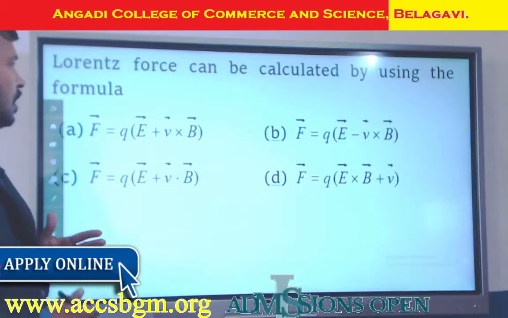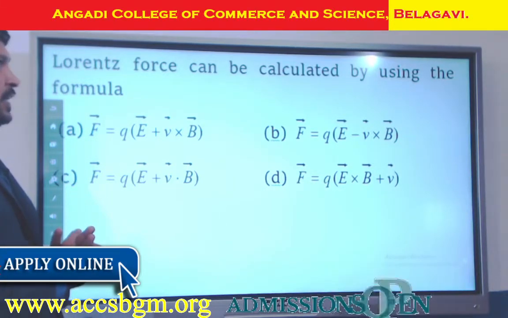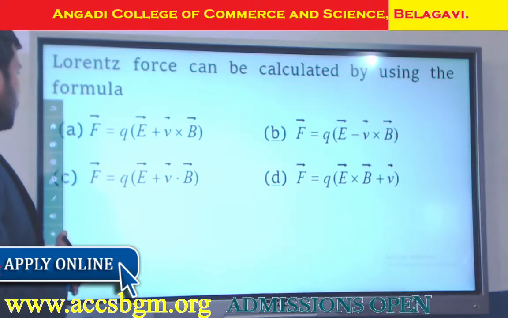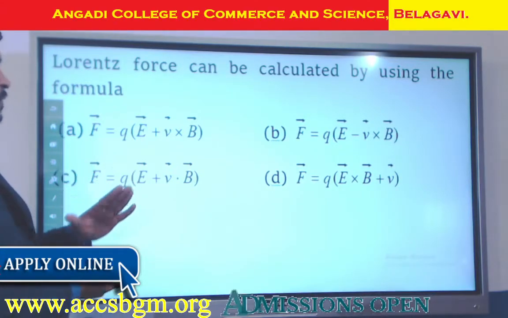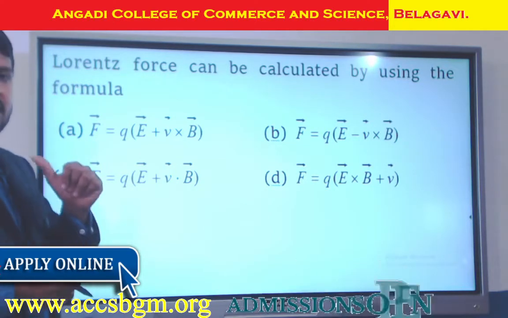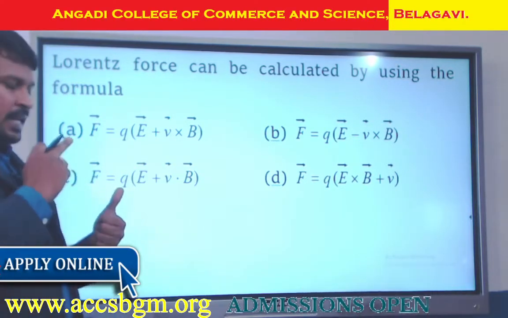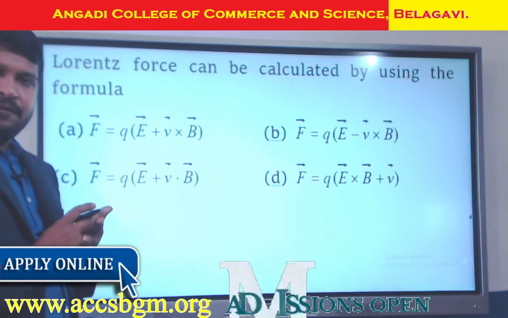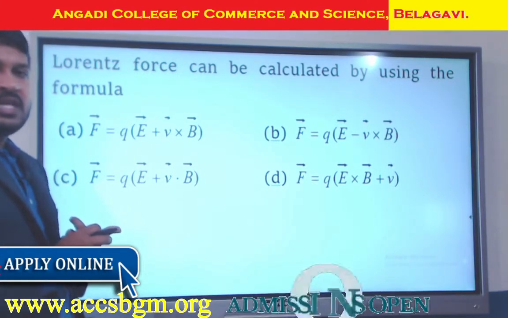Okay, now here a Lorentz force can be calculated by using the formula. Okay, 4 options are given. You can identify this one easily. What is the Lorentz force? That states that the sum of electric and magnetic force gives the Lorentz force.